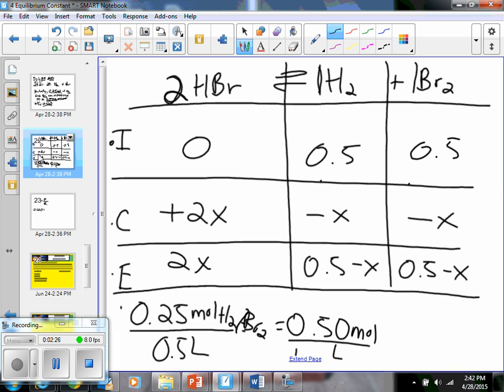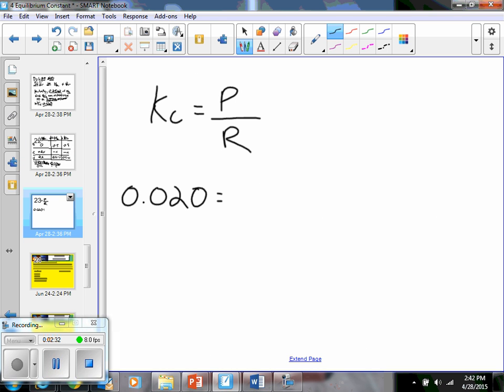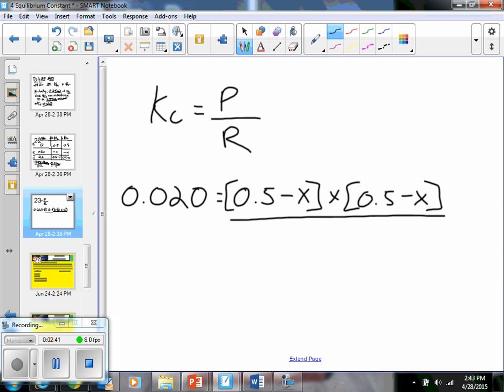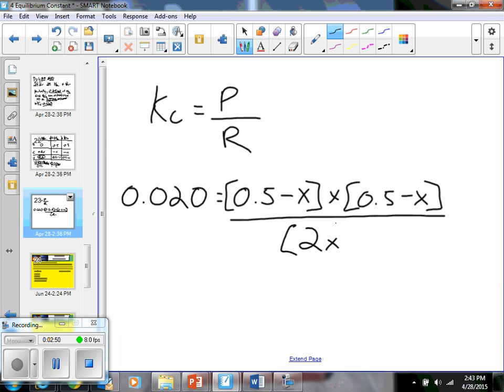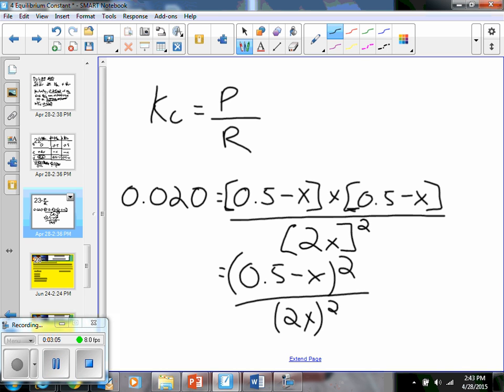My products are 0.5 minus X, and they both have a coefficient of 1, so they're to the power of 1, divided by my reactant has a coefficient of 2, so it's going to be 2X to the power of 2. Another way that I can write 0.5 minus X times 0.5 minus X is to write that as 0.5 minus X squared divided by 2X squared equals my Kc value of 0.02.